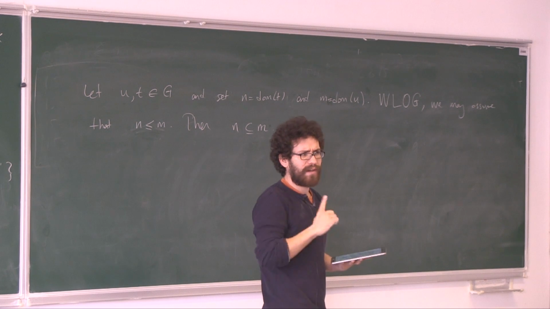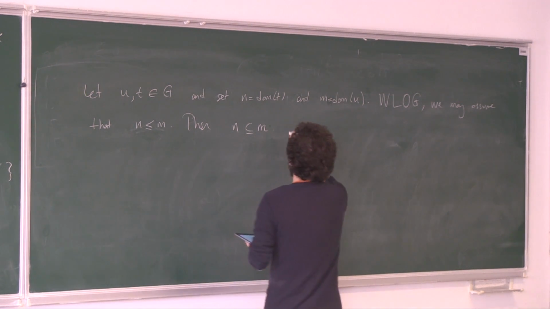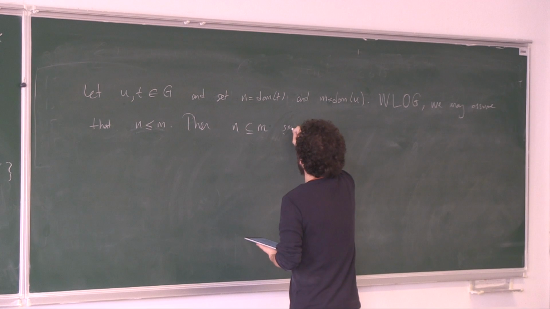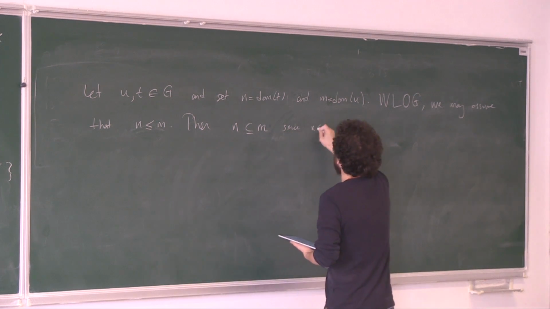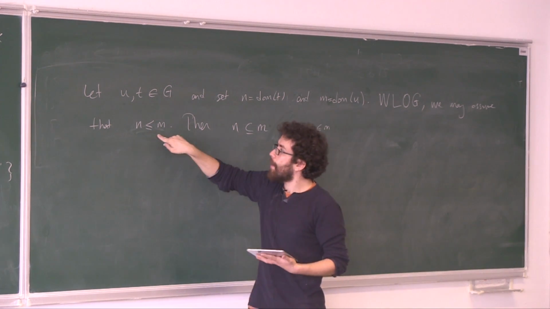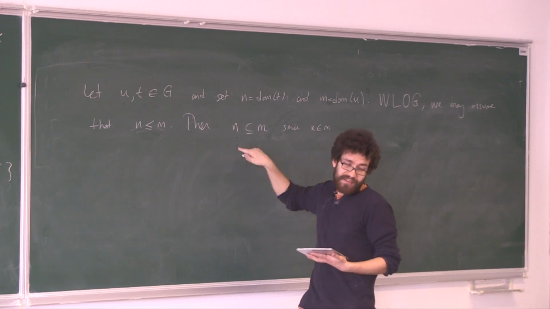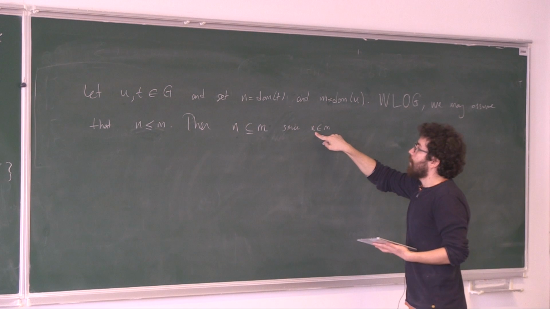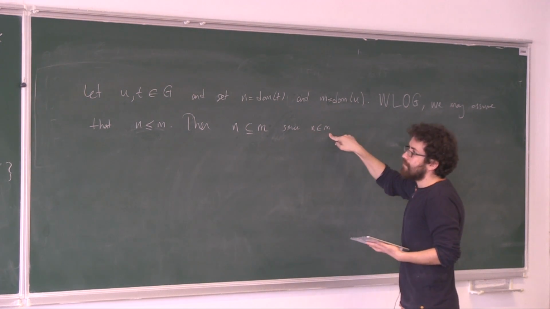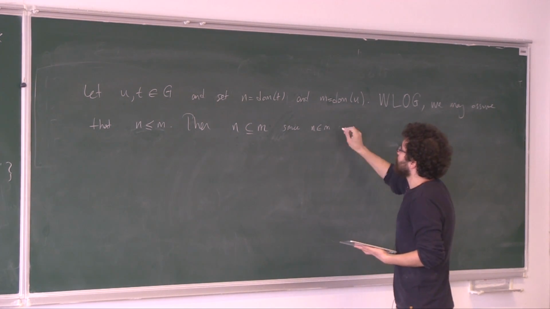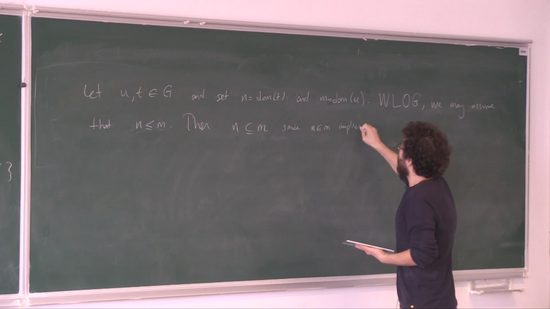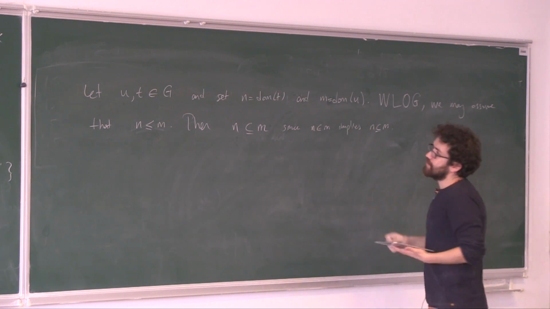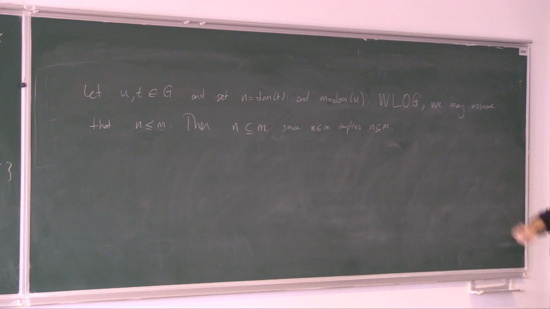Now, this requires some thinking. If N is M, then every set is a subset of itself. That's fine. If N is strictly less than M, then I have N is in M. Now, this implies that N is a subset of M. This is not obvious.